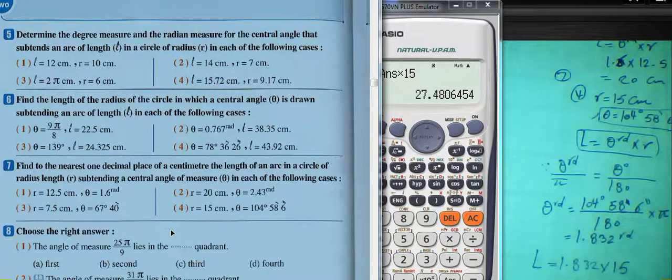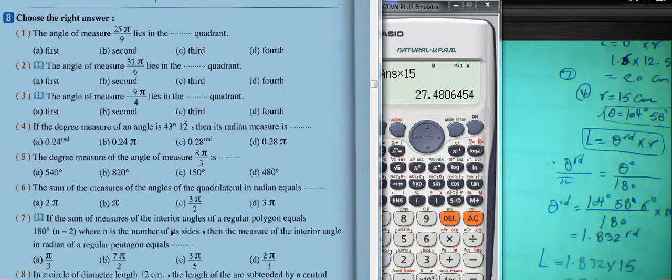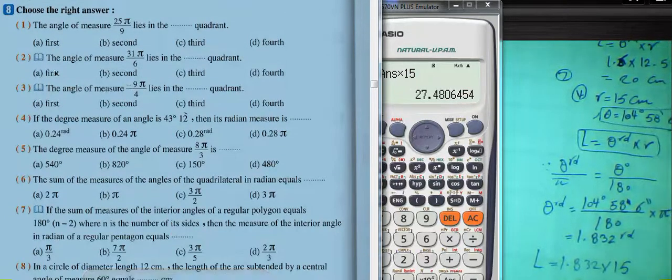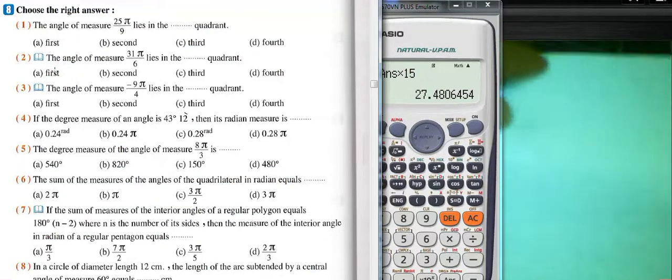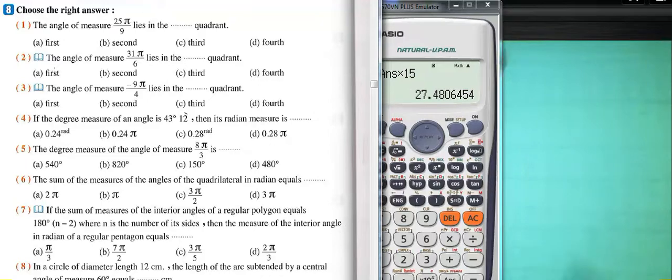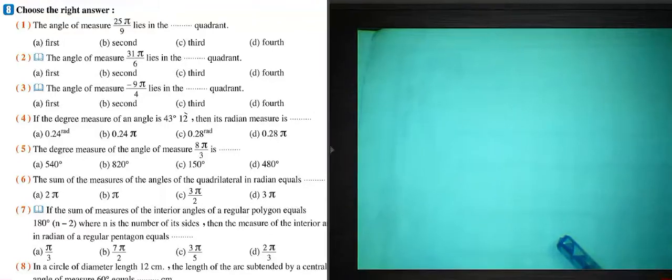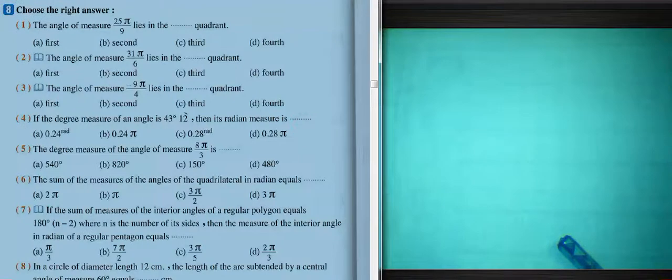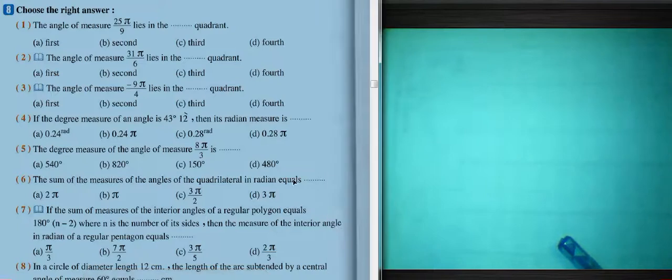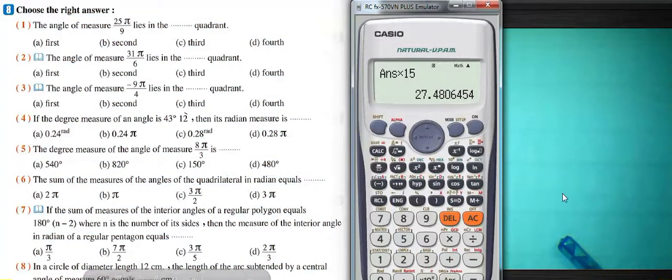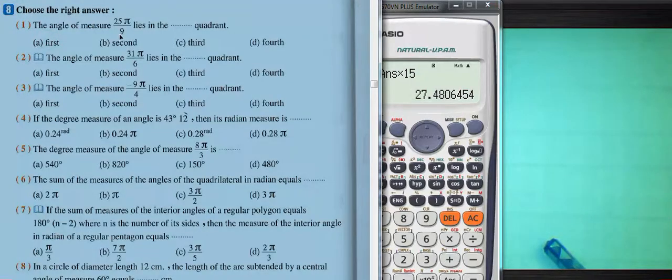Question number 8. Choose the correct answer. Number 1: choose the quadrant on which the angle of measure 25 pi over 9 lies.